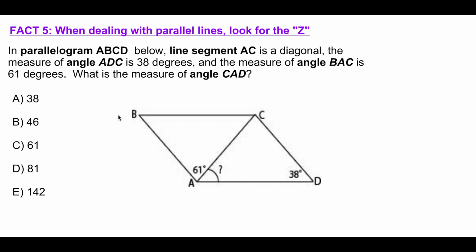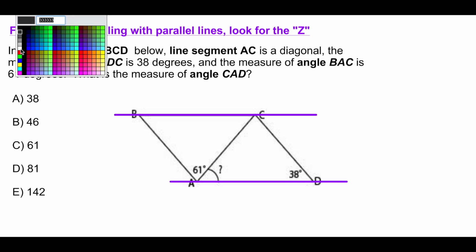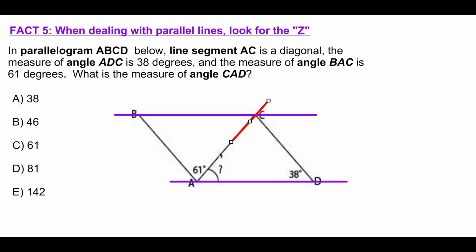What I'm going to suggest is that anytime you get a parallel line angles question, go ahead and just extend the lines here so that you can better see the Z. Keep in mind that we not only have this diagonal to highlight and extend, but we also have the two sets of parallel lines on either side of the parallelogram.